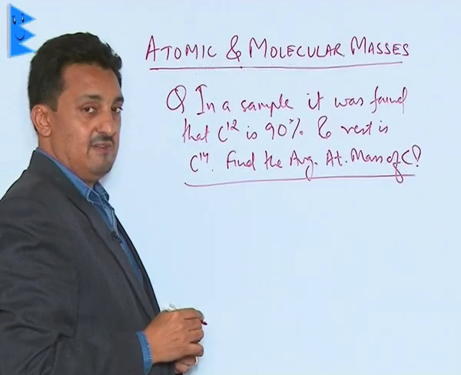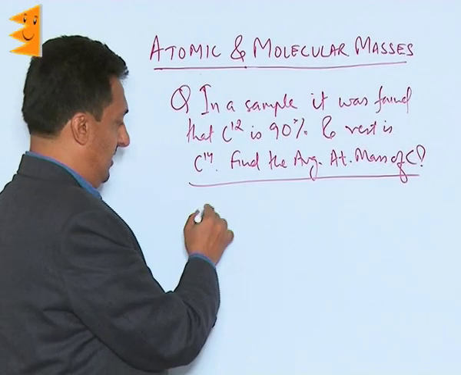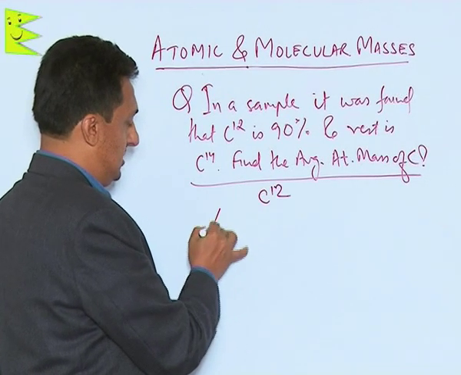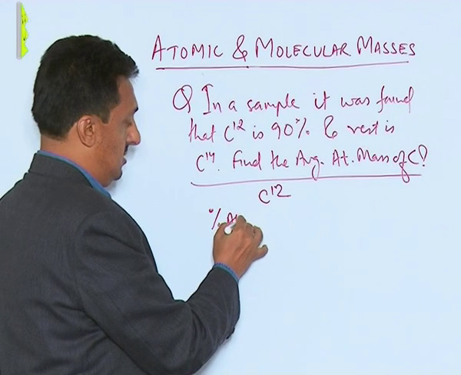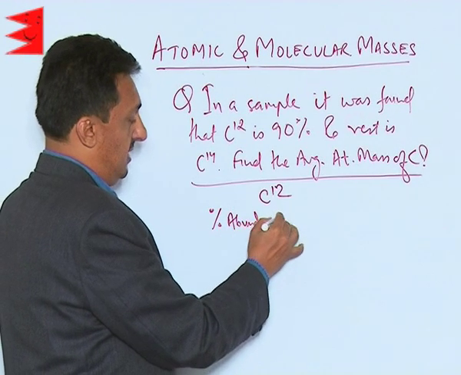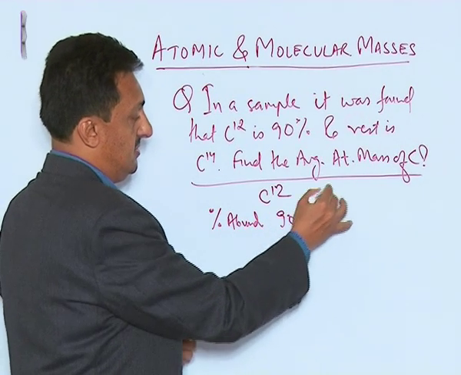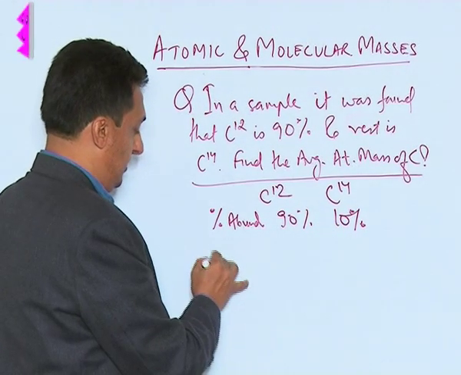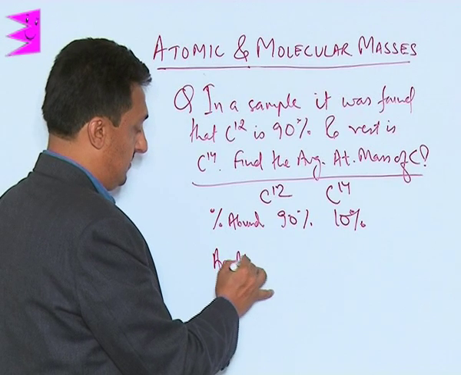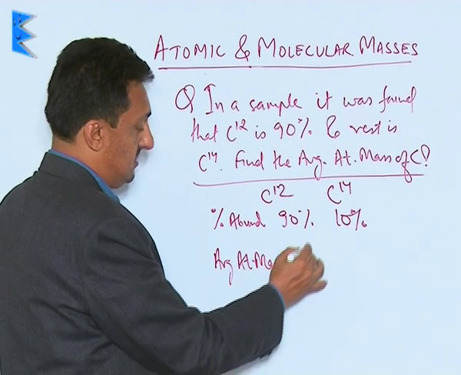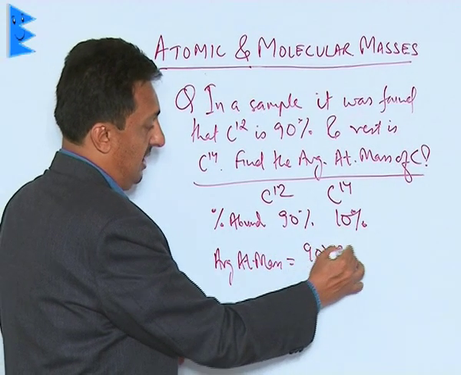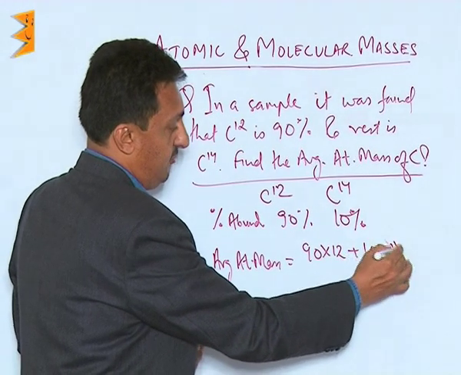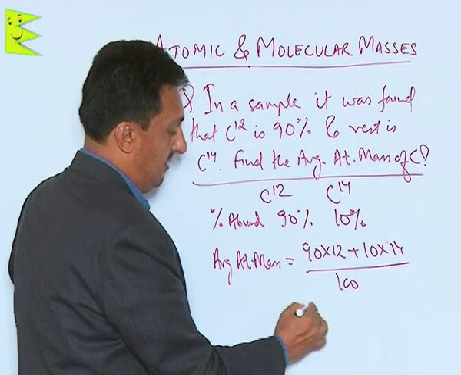We know C12 has a percentage abundance of 90%, and C14 is 10%.